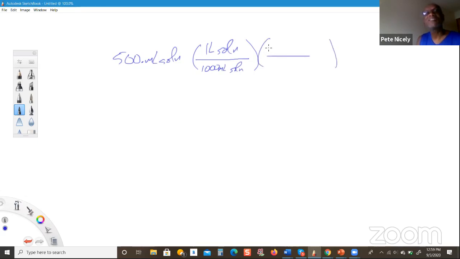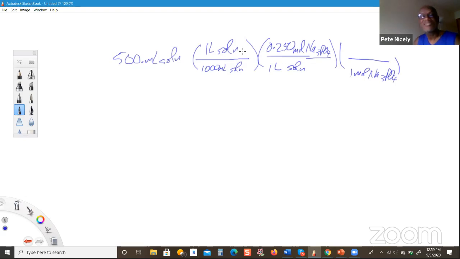We multiply by the molarity, 0.250 moles of Na3PO4 divided by 1 liter of the solution. And then the final conversion factor is the molar mass. So you're going to have 1 mole of Na3PO4, and the molar mass will be up here.